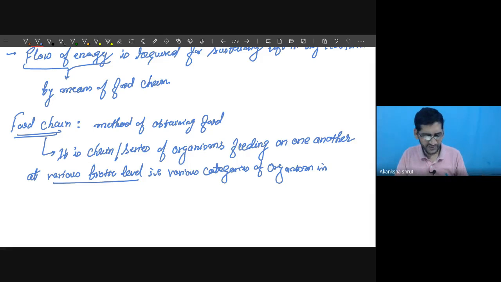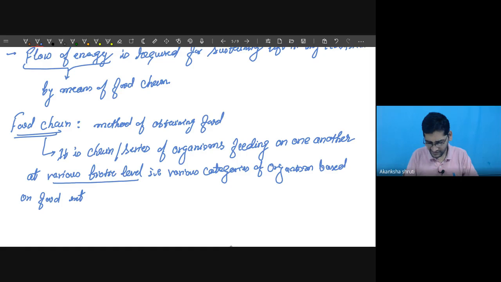These categories of organism are based on their food intake, that is, categories of organism based on source of food, food intake or food source.